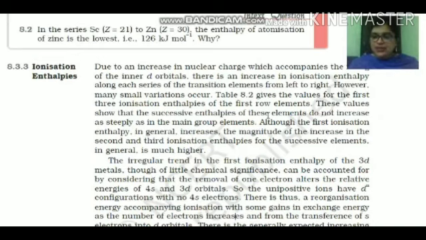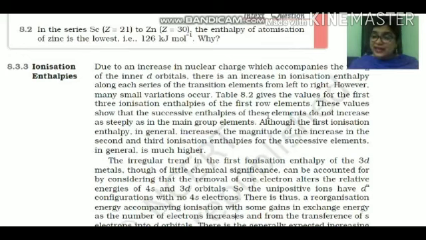The increase in ionization enthalpy takes place quite slowly because nuclear charge increases, but one opposing factor is also there, that is called the shielding effect. Because of this shielding effect, the increase in ionization enthalpy is there, but it is quite slow.